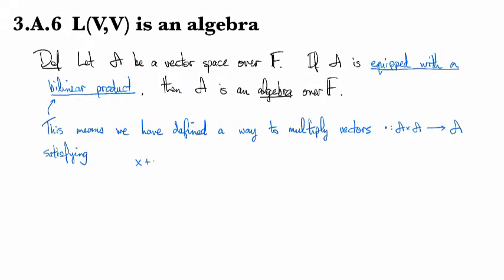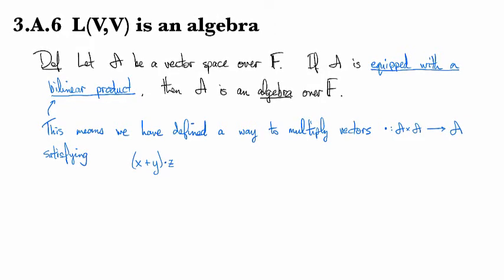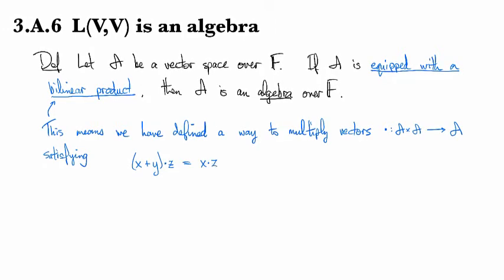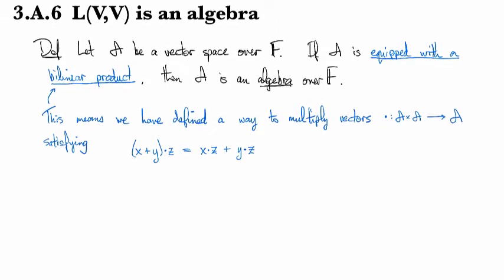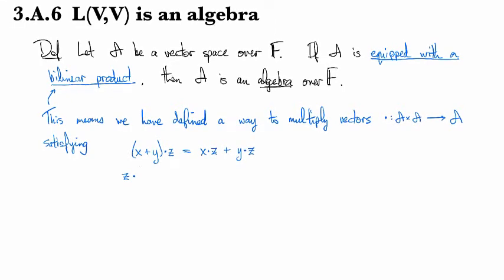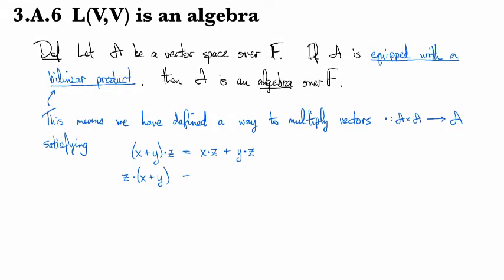So x plus y, if you multiply that on the right by z, you should get x times z plus y times z. And if you multiply on the left, it should distribute, which looks obvious, but actually doesn't follow as an axiom, so you have to have it as part of the definition.